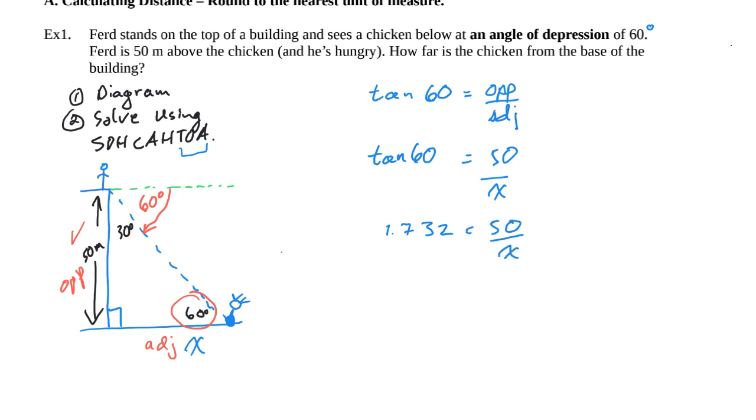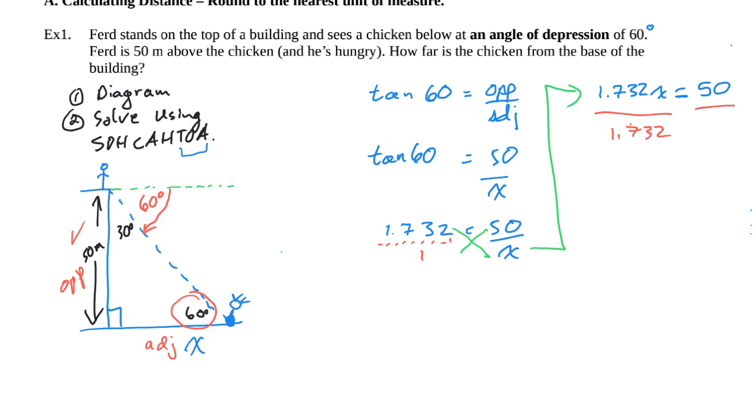1.732 is equal to 50 over X. Now, we're going to put this all over 1, and then we're going to do our cross multiplication like we always do. And then we can rewrite this as 1.732x is 50 times 1, which is just 50. And then we can divide both sides by 1.732.